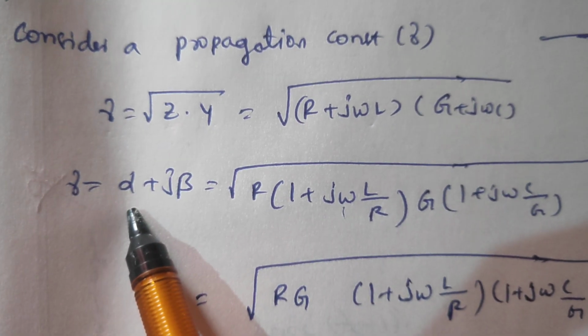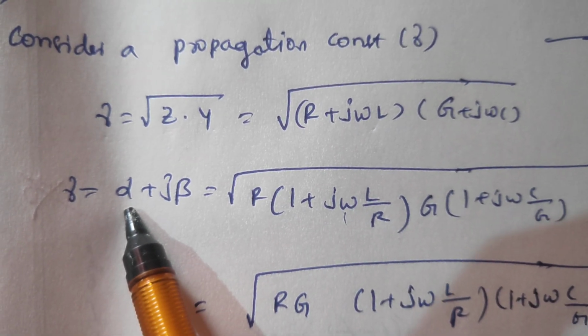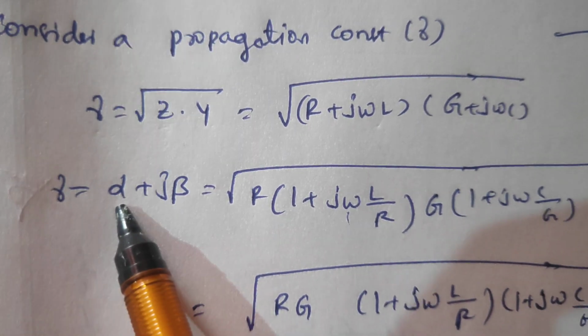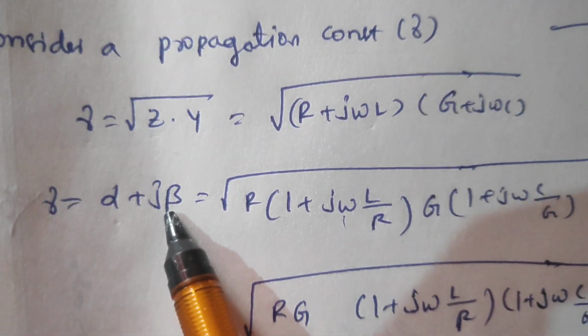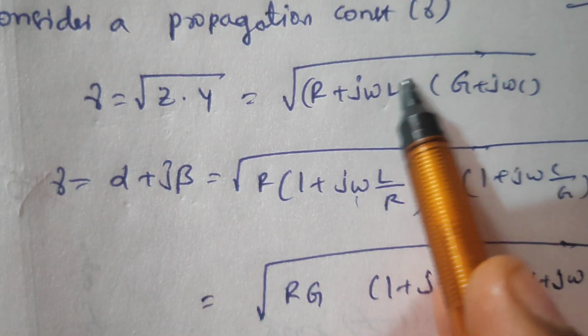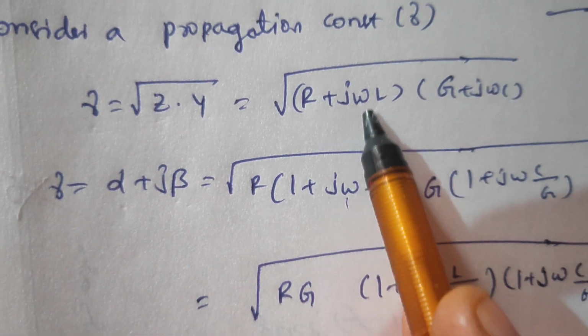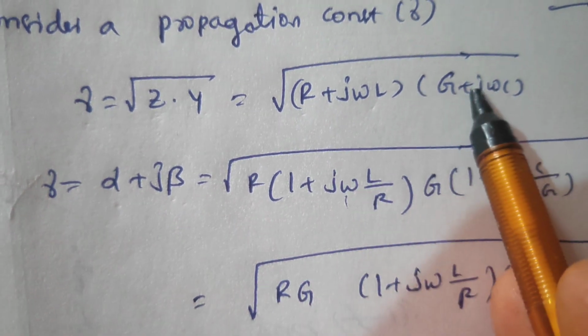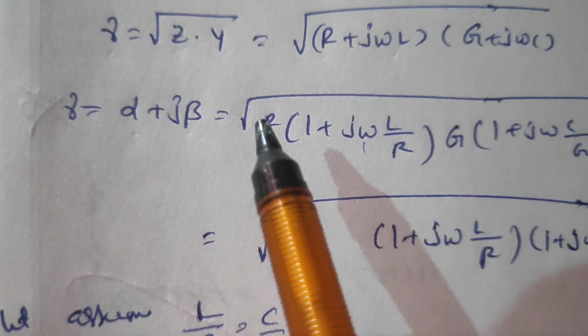So gamma is the propagation constant, which is equal to attenuation constant with phase constant: alpha plus J beta. Multiplying these two terms, I am taking the R and G terms common.